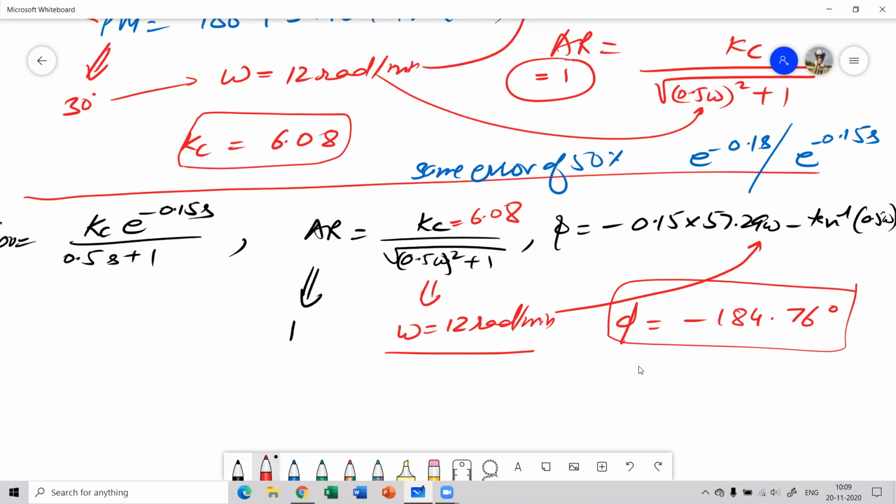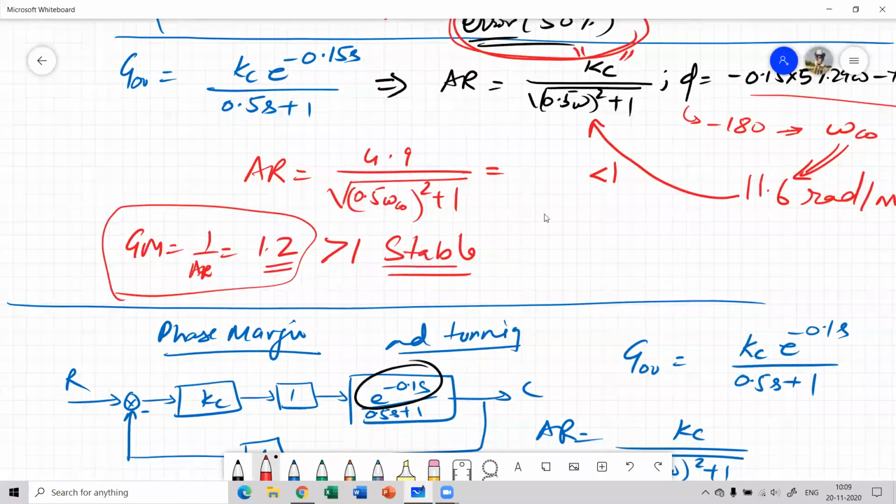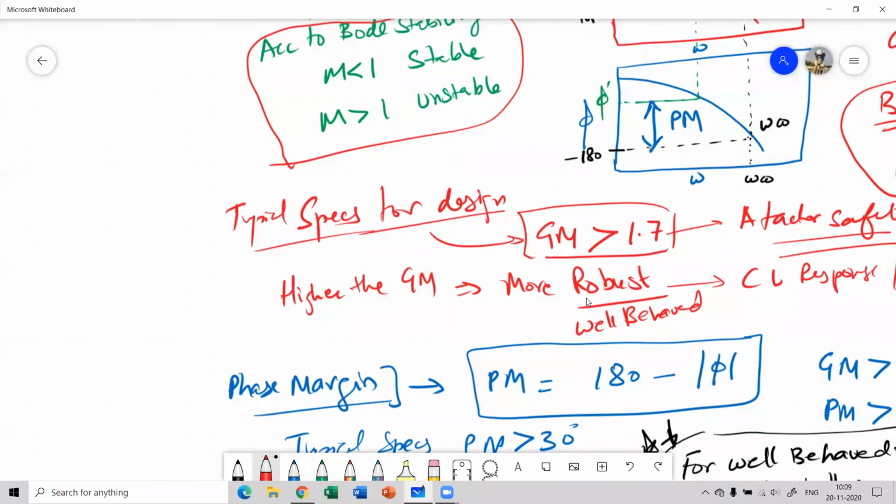So we notice that the system is still unstable, because if you see over here, where does minus 184 lie? It is lying somewhere here. It is beyond minus 180.